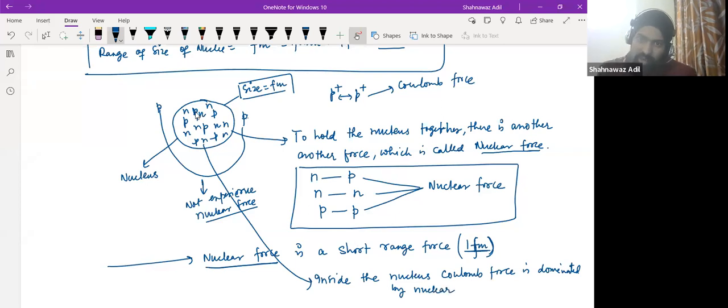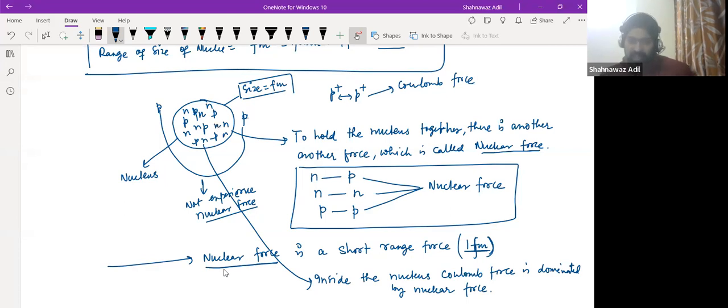Although these protons are repelling each other, the holding capacity of the nuclear force is so strong that it overcomes this Coulomb force. That is why inside this nucleus, these protons are together. Otherwise, you cannot hold two protons together, right?